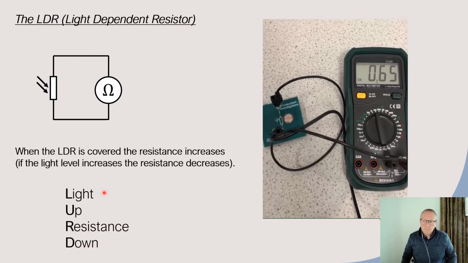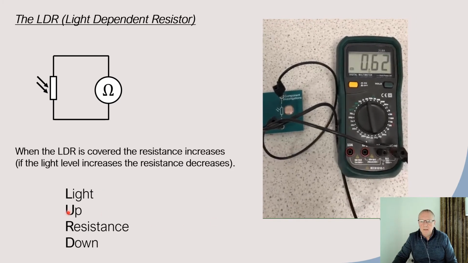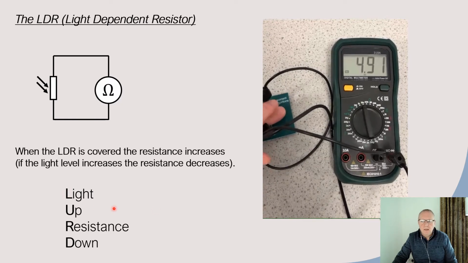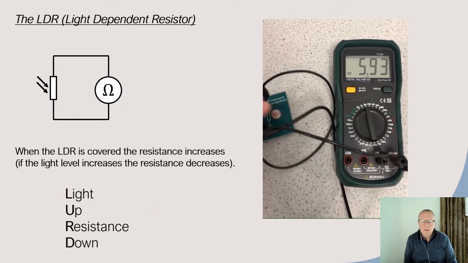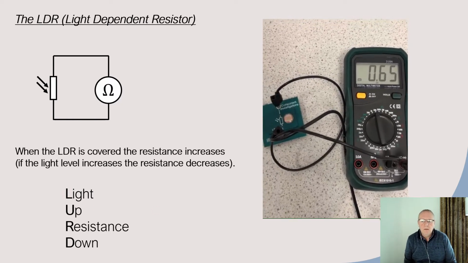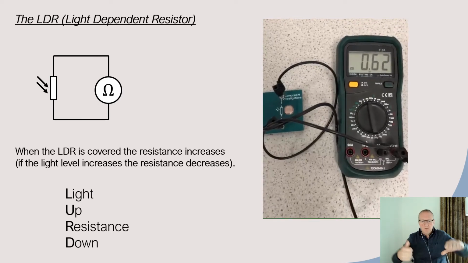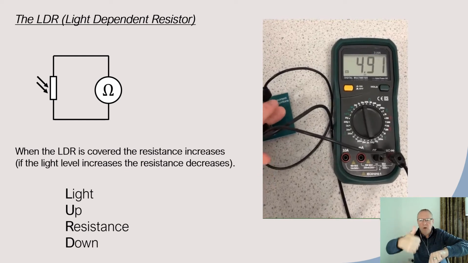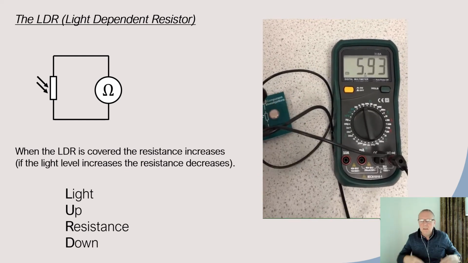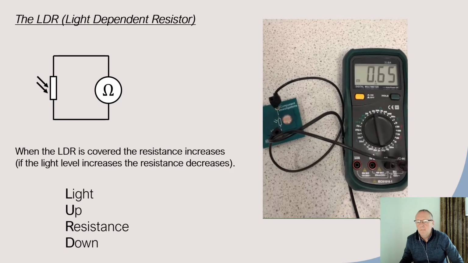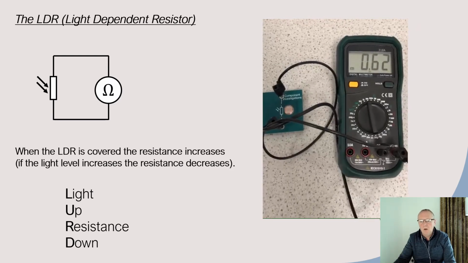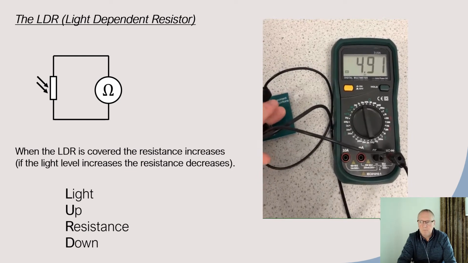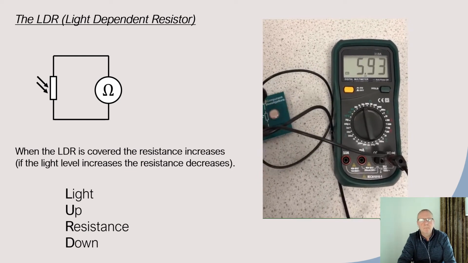Simplest way to remember that is an acronym, LURD, and that just stands for: if the light increases or goes up, then the resistance goes down. Now I've done this before, but it's one of these inverse kind of relationships. So if you increase the amount of light, the resistance decreases, or vice versa. If you decrease the amount of light, the resistance goes up. So that's the first basic thing we need to know about an LDR.